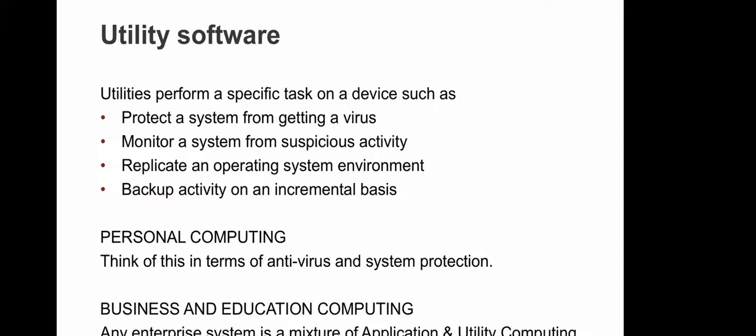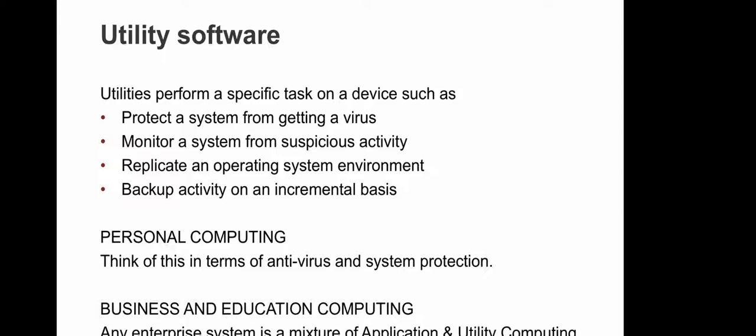Straightforward. Back office activity. For personal computing, frankly, it's usually an antivirus. For business and educational computing, it really is a mixture of application and utility computing. So utility software can be very, very substantial, especially with enterprise resource planning, HR, HRM systems, learning management systems.